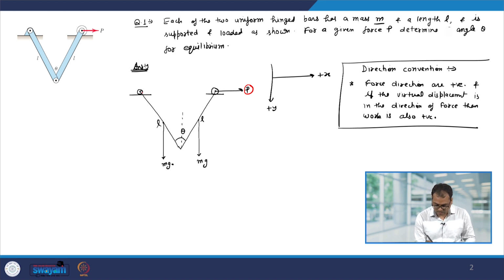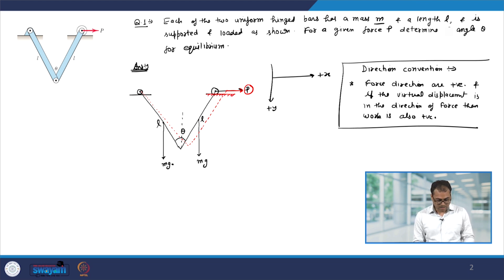So, let us draw a virtual displacement. Okay. This is the effect of P, and note that this is consistent with the constraint, because we have taken the displacement along this surface.